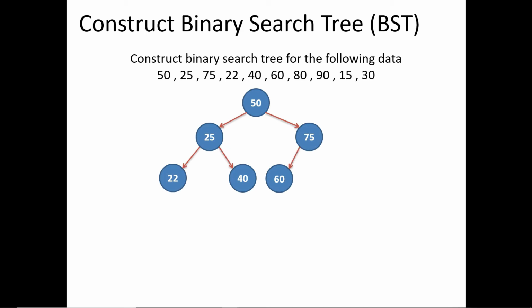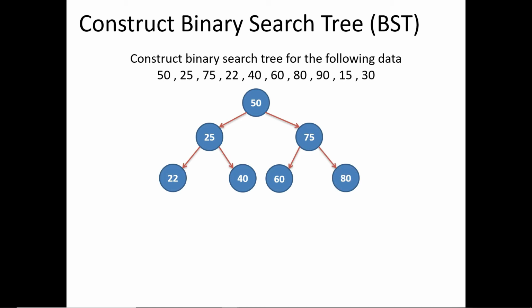Now the next key value is 80. Again 80 is greater than 50, so it is located on the right side of the root node. On the right side 75 is already located over here, and 80 is greater than 75, so it will be the right child of 75. Now next is 90.